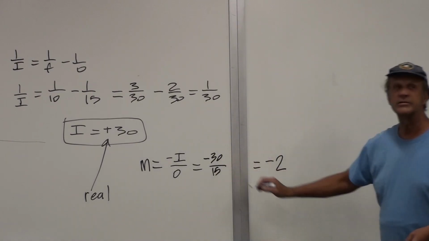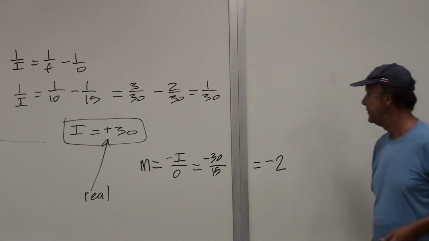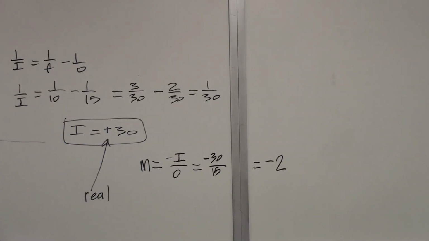These are centimeters, of course, but the centimeter units are canceling, and so I'm not writing them in. And so I'm going to see something that if I projected on a screen, it should be 30 centimeters away on the near side. So this would be 30, about like that. If I'm drawing this 10, 20, 30, something like that. And it's going to be a flipped upside down image.